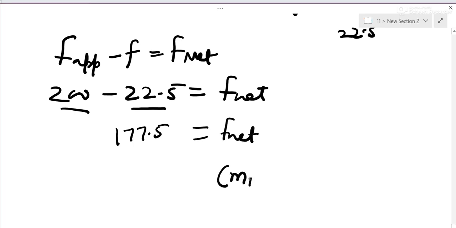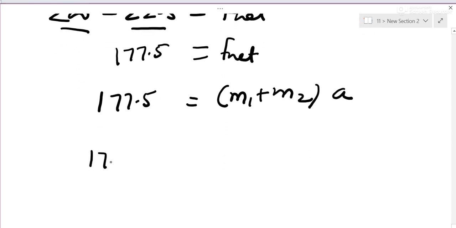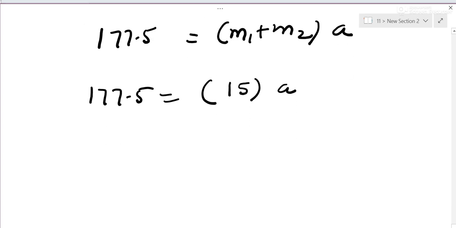Now F net can be opened as both the masses into A. So 177.5, and both the masses are 10 and 5, that is 15, and A. So acceleration would be 177.5 divided by 15.